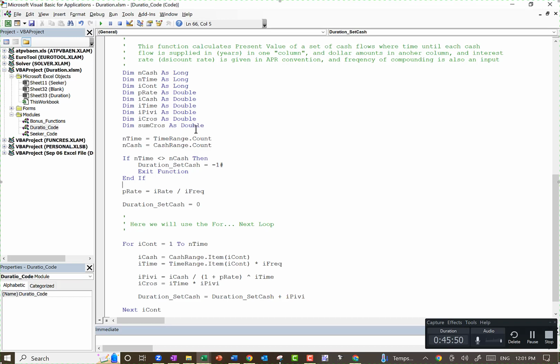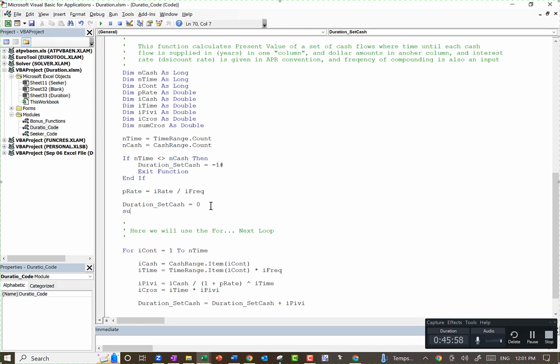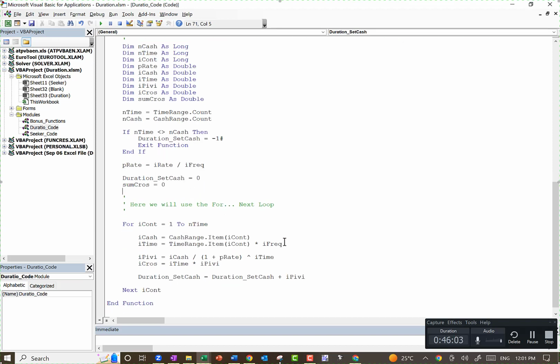That variable is going to contain the updated sum of the cross products. So I'm going to say sum cross equals 0 as an initialization.